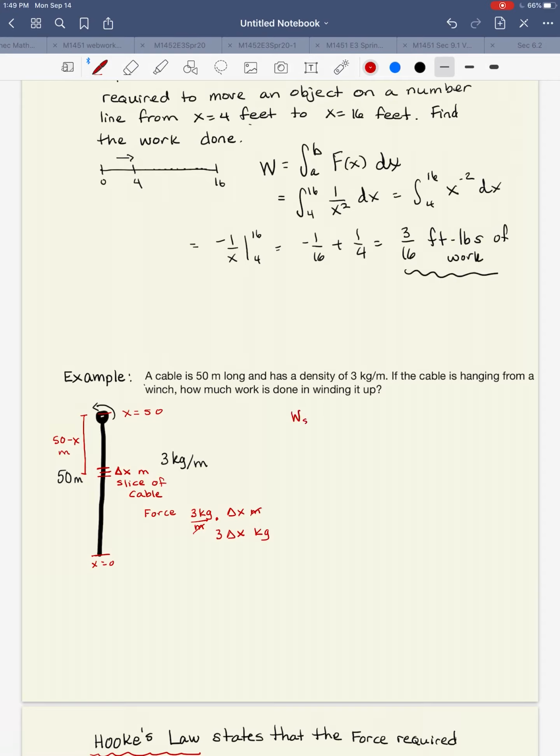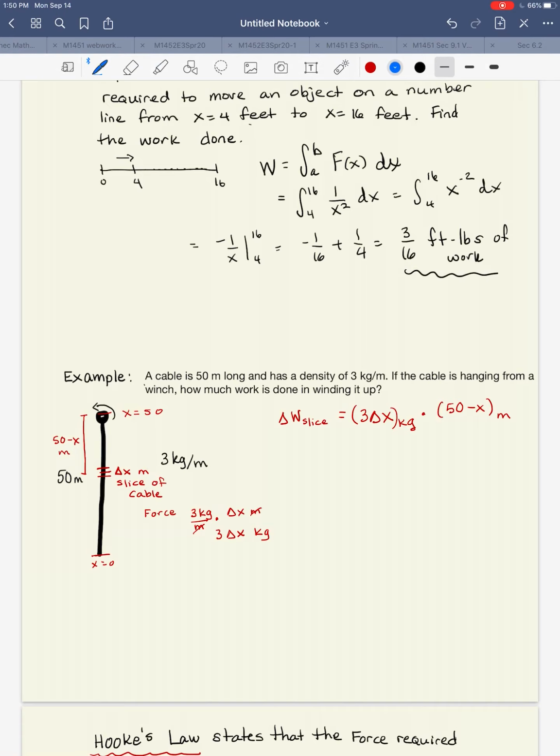So the work done on that slice, that's what we call delta W, is just going to be the force, our 3 delta x kilograms, multiplied with our distance, 50 minus x meters. And so our work units would be kilogram meters. Back there we said that measurement is joules.